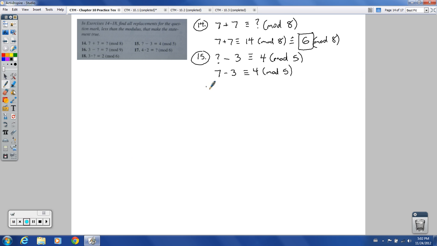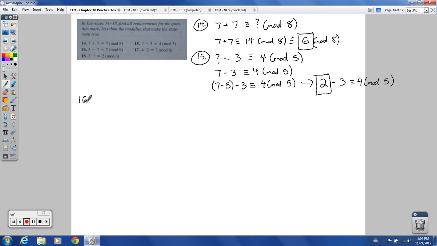So we'll apply that to this problem: 7 minus 5, minus 3, would be congruent to 4 mod 5. So 7 minus 5 gives 2 minus 3 being congruent to 4 mod 5. And so my question mark is the 2 itself.